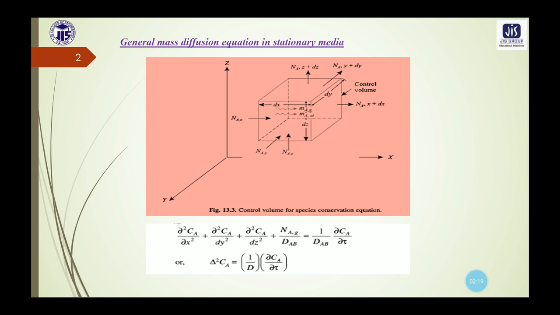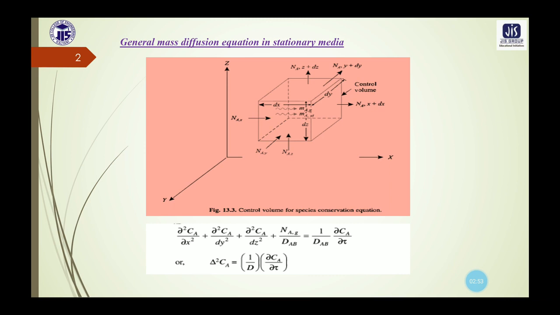Here we need to consider a homogeneous medium consisting of a binary mixture of species A and B, which you can see here. The medium will be stationary, meaning the mass average or molar average velocity of the mixture is 0, and mass transfer can occur only by diffusion. Then a differential control volume dx dy dz, which we can see in this diagram, is considered.